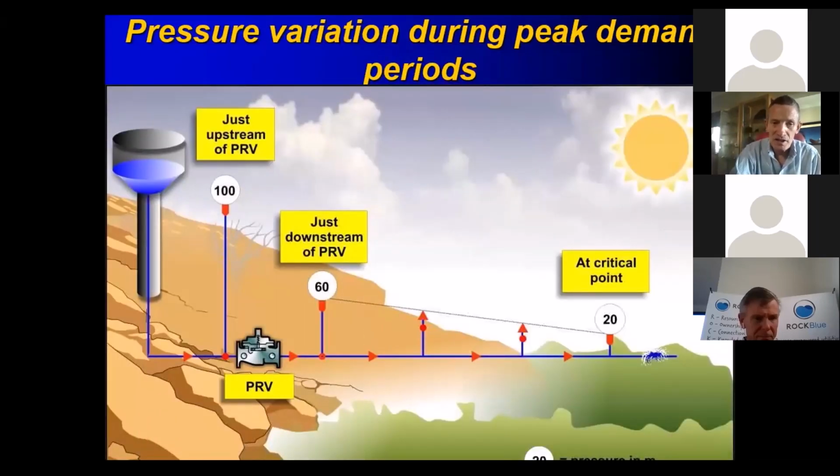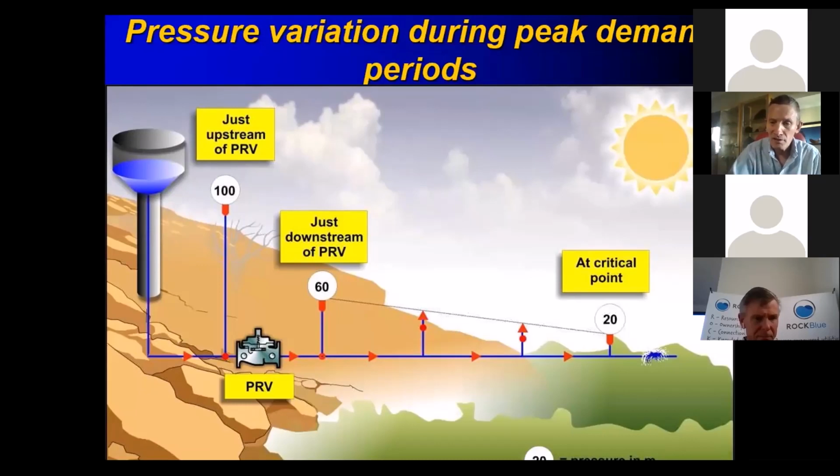What we've got here is a typical system. Imagine a small suburb of 1,000 properties up to 10 or 20,000 properties, being supplied from a water tank or water reservoir, an elevated tower. The pressure in the tower is perhaps 100 meters.